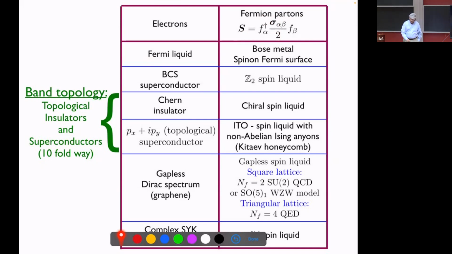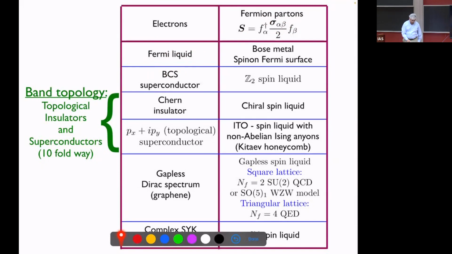What would happen if you took this state of gauge invariant fermions and just took it as a starting point for partons? So I take fermionic partons which have a gauge charge, but I just assume they're forming this state on the left column.